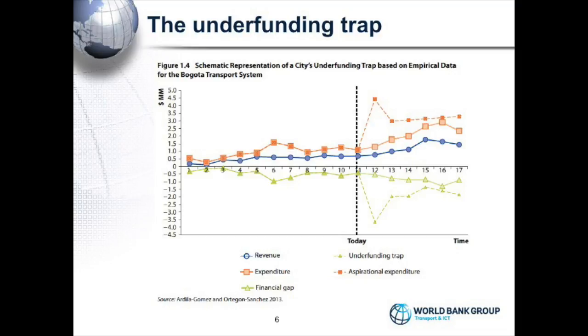And maintenance, think of the slopes of the slide I was showing beforehand. And you will see the dotted line on the top, the orange one, is actually the aspirational spending that Bogota has according to the plans and the master mobility strategies and plans and so on.